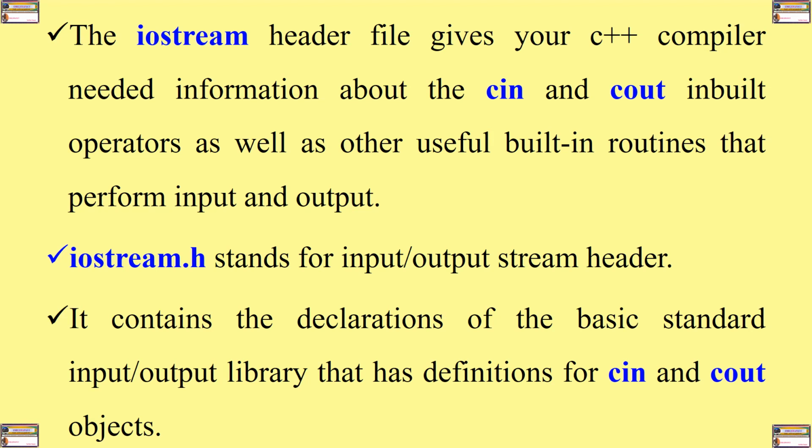Because the iostream header file contains the definitions for cin and cout objects, you have to include it within your source code. Otherwise, the cin and the cout objects will not be known, and therefore you are going to get errors in your program.